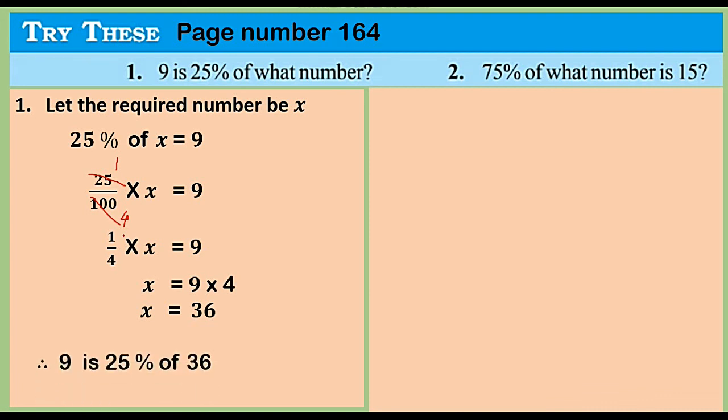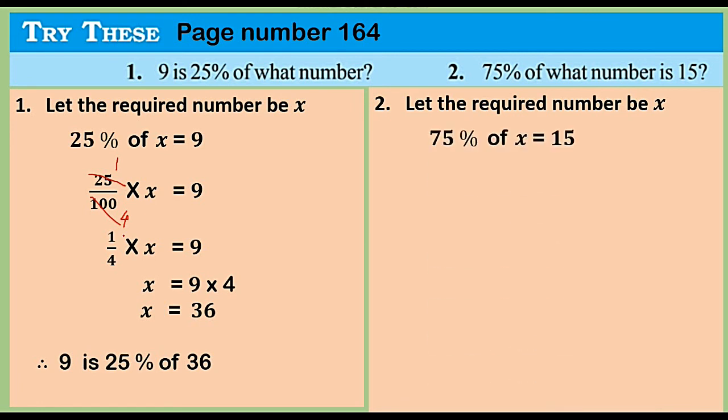Question number 2. 75% of what number is 15? Let that number be x. Now 75% of x is 15. According to the question, I have made the simple equation. So 75%, if I write it in fraction, I'll be writing 75 upon 100. Now 75 and 100, reduce it, you will be getting 3 upon 4.